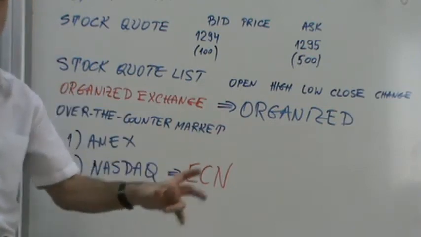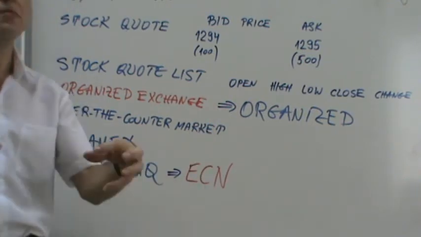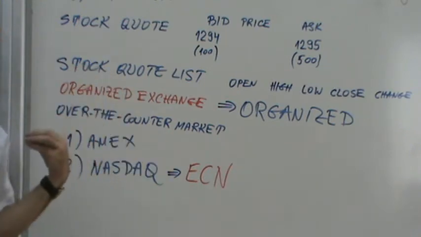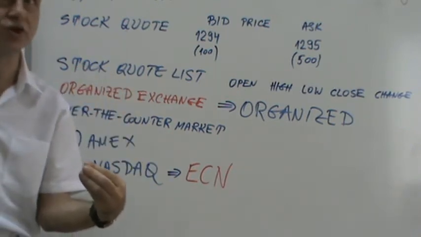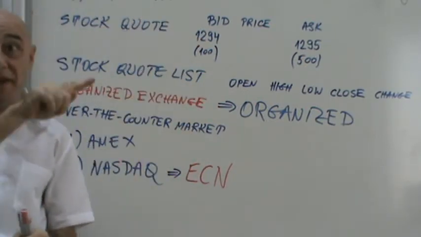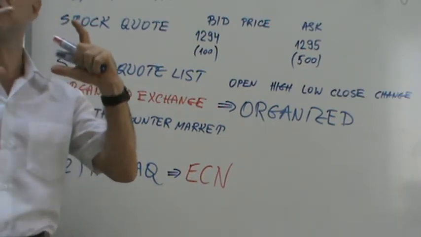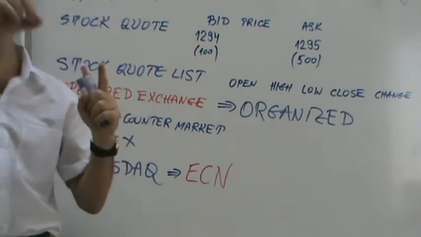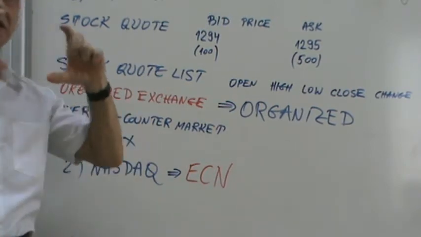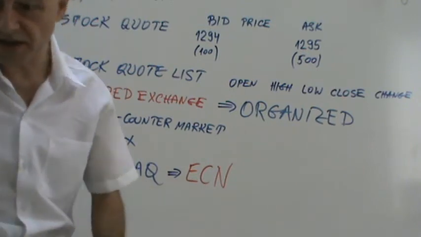Where a whole bunch of computers will tie together, maybe 10 computers, and 10 different institutions will be putting in their quotes, their bids, their asks, they'll try to trade, and then others will hook up to those institutions. So it's literally a network of many computers, but there's going to be a central ring around them, maybe central 5 or central 10 computers that will be executing between each other, and then everybody will try to hook up to these 5 or 10 computers at the core. That's an ECN.